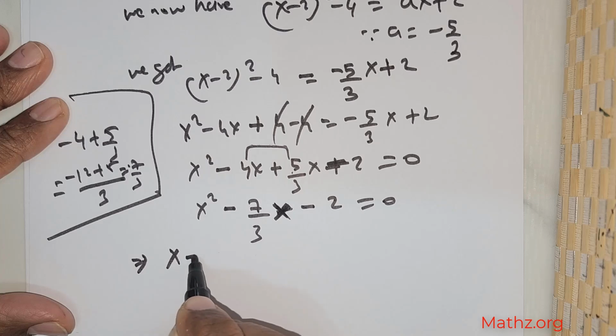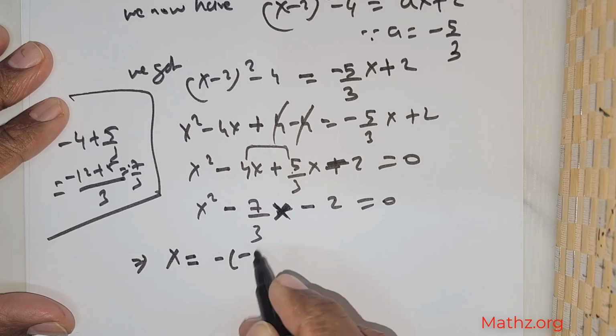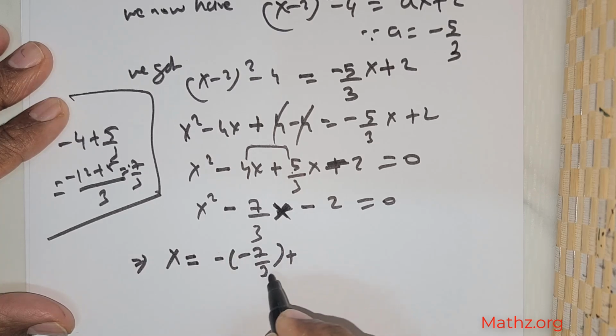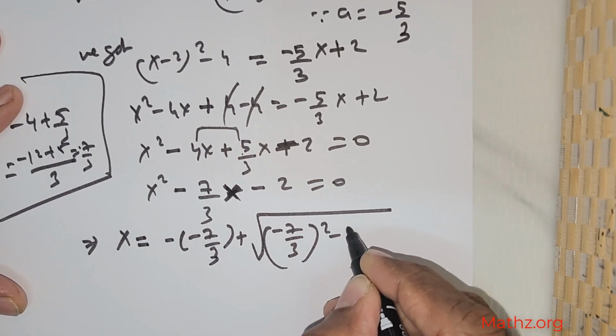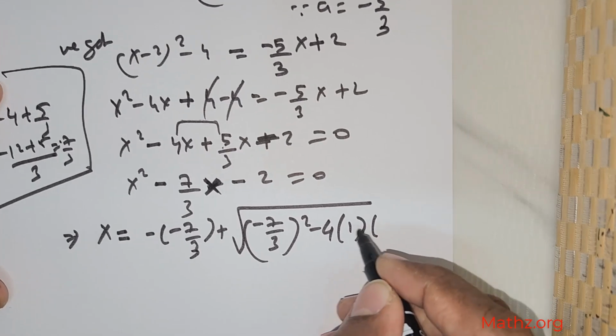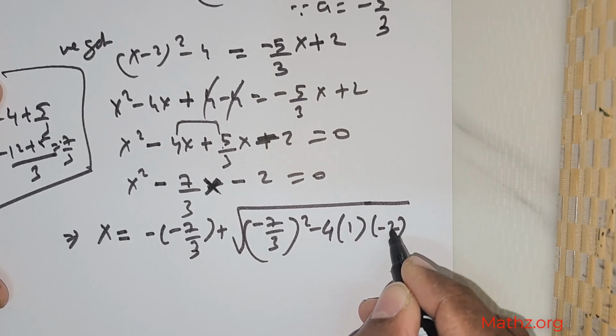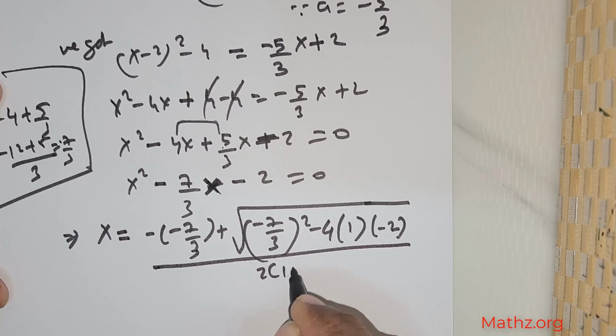So this means x is equal to negative b, so negative of -7/3, plus or minus root of (-7/3)² - 4 times a times -2, divided by 2 times a.